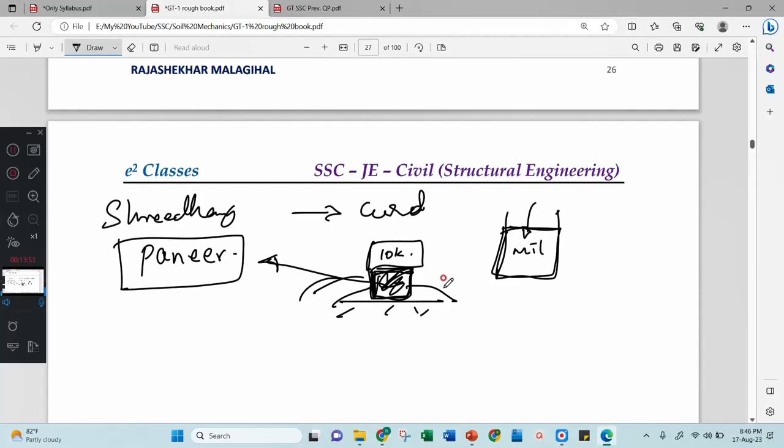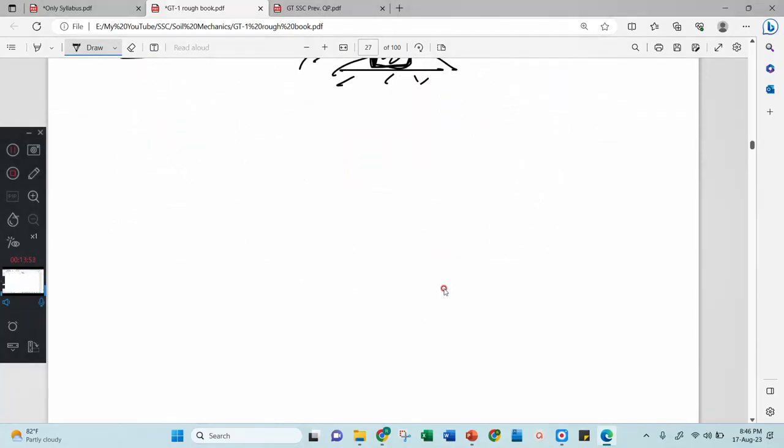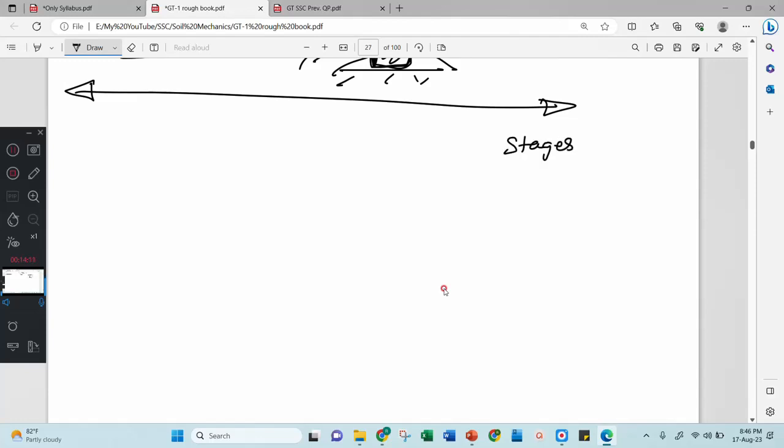This is all about the principles behind consolidation and why it happens, or the initial names of consolidation. Don't think this is a type of consolidation. No, these are not types of consolidation. Types of consolidation are different. These you can call stages of consolidation.